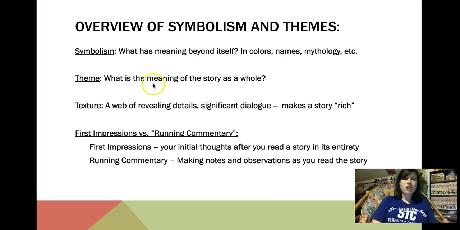And then theme, we've talked, is the meaning of the story as a whole. The texture of a story means the details, the dialogue, whatever makes the story embellished or rich. You know, there's a difference between a story that a first grader might write and that an adult writes. And that's usually in the texture. A lot of times if you read little kid stories, they're all basic, essential plot points.